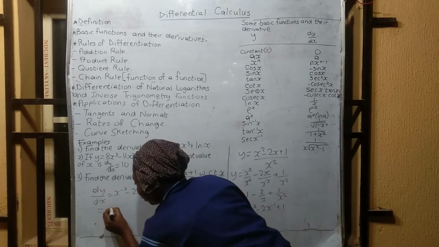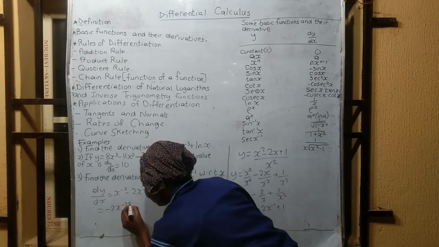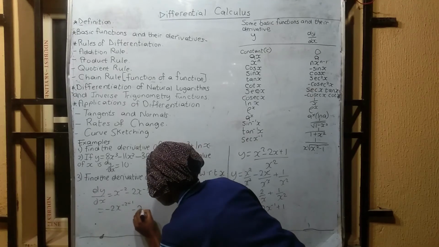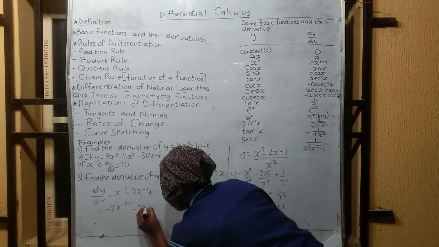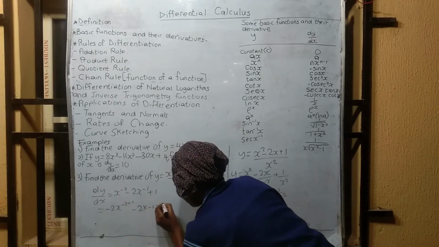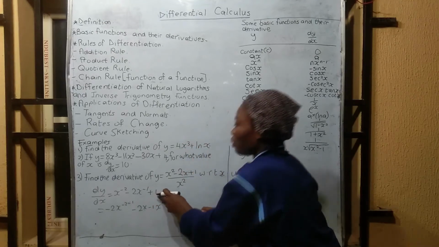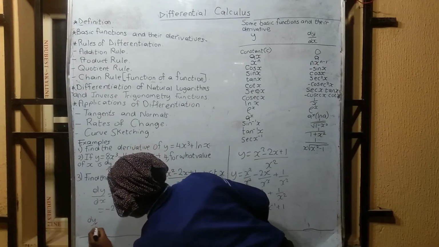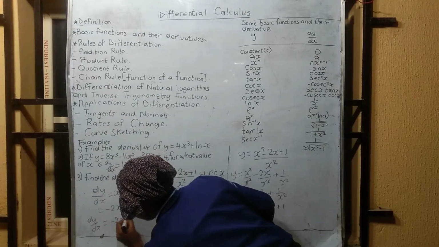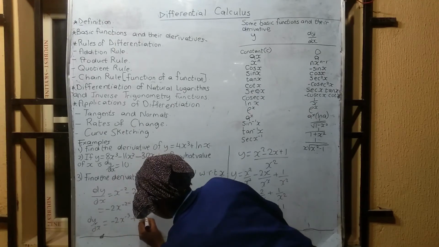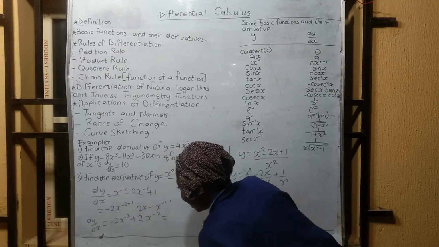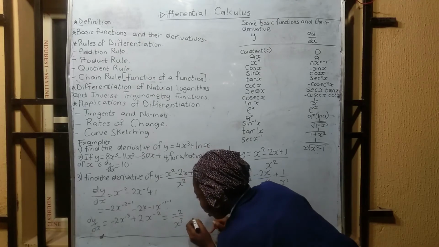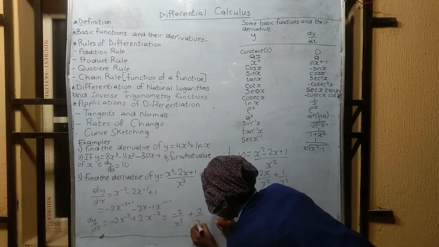Now we have minus 2, multiplied by minus 1, x raised to power minus 1... Then when we differentiate a constant, we have 0. dy/dx equals minus 2 x raised to power minus 3, then plus 2 x raised to power minus 2, which can also be written as minus 2 over x raised to power 3 plus 2 over x raised to power 2.